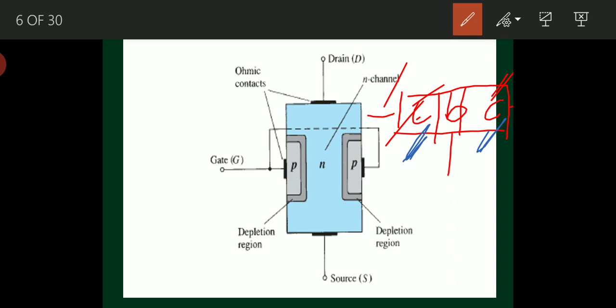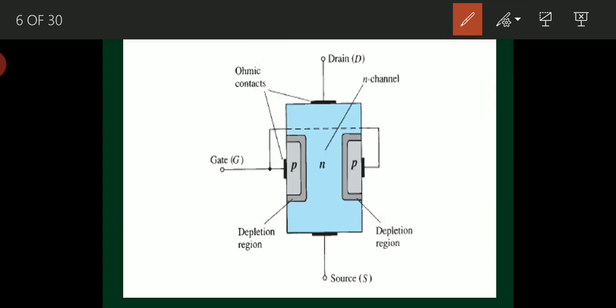Collector is somewhat lightly doped compared to emitter. Emitter width is less when compared to the width of collector. Of course, base width is very less, a very thin base. So I can't replace collector with emitter and emitter with collector.